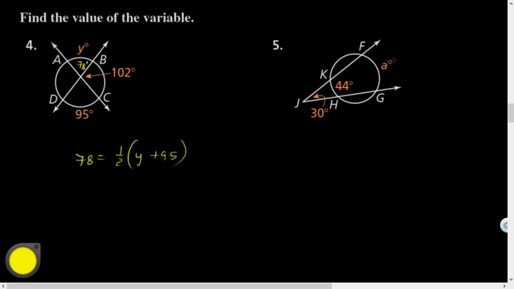Okay, for this one, what would I do? What would my setup be? This one, the intersection's on the outside? Nope. So 30.